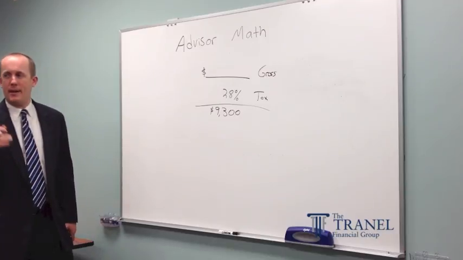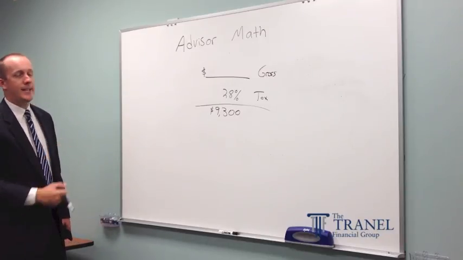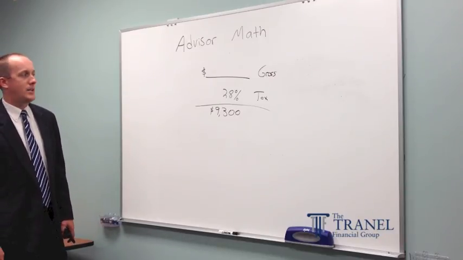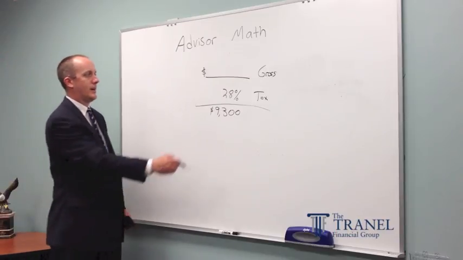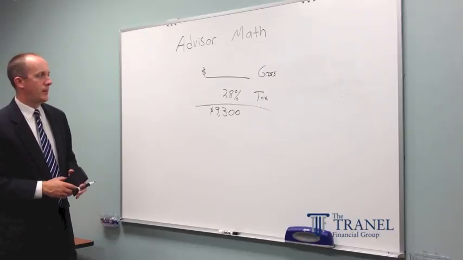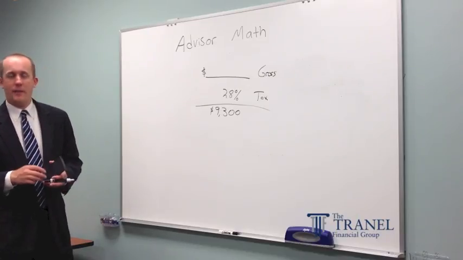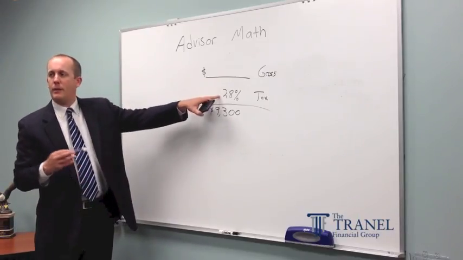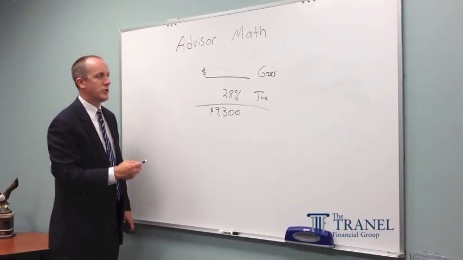Maybe they're remodeling a bathroom or a kitchen, and they need $9,300 to pay the contractor, not a penny more, and you know that that's going to be the effective tax rate for the withdrawal. Well, you can of course do the math in your head for this part, but I want to show you the calculation so you can just see where it comes from.